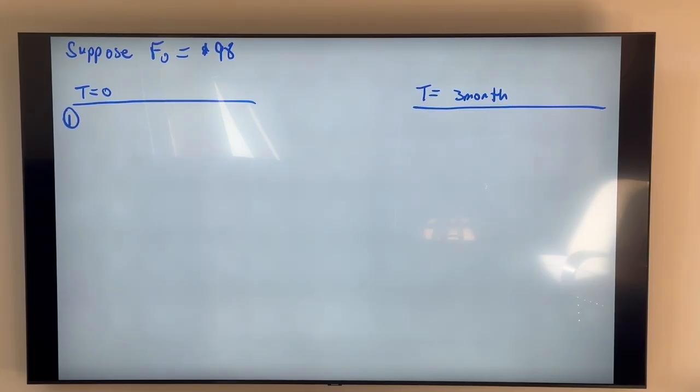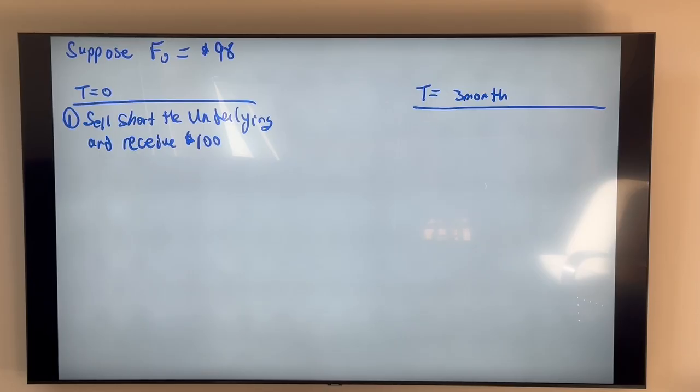Today, what you would do is you would short the underlying and receive $100. Now, if you have that $100, what you would do at that point is you would invest $100 at 8% for 3 months.